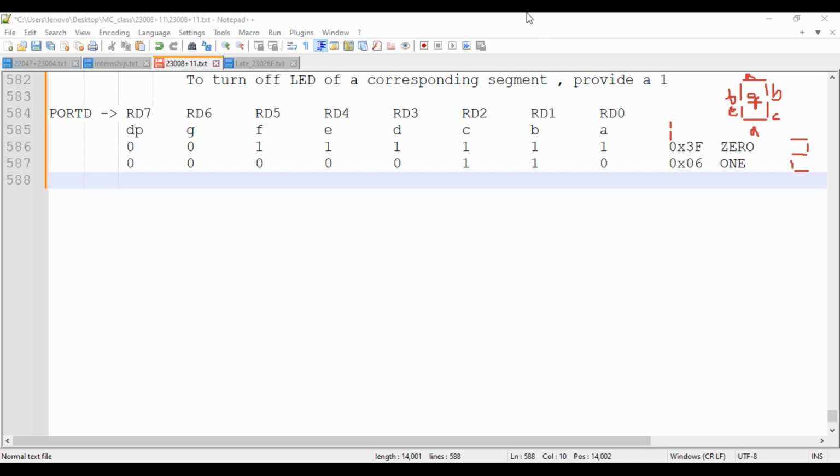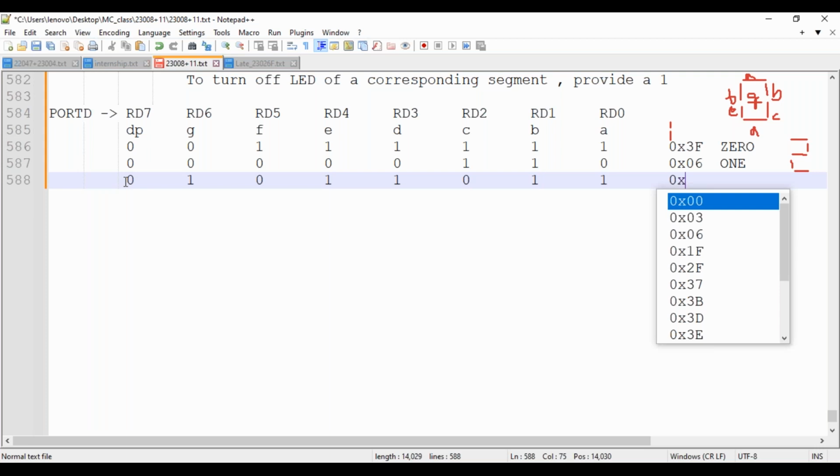In case of 2, DP has to be off, then A has to be on, sorry, G has to be on, then F has to be off, then E has to be on, and C and F have to be off, correct. So this is 1, C is off, this is 1, this is 1.